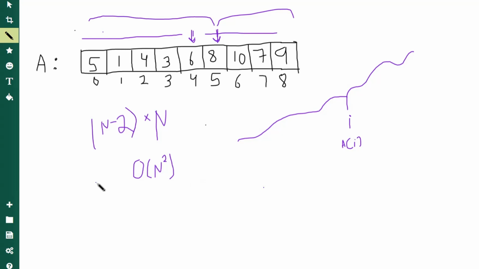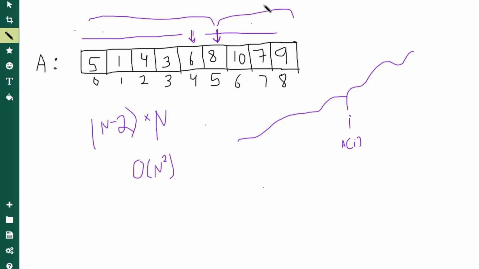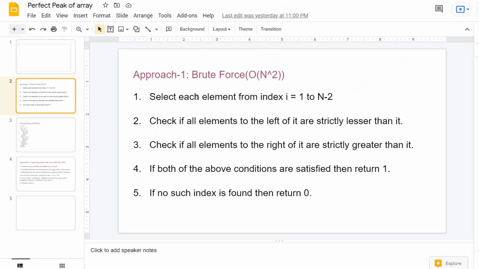So how can we improve the solution? First of all, before thinking of the optimized solution, let's see the algorithm for this approach. This is called the brute force algorithm. Select each element from index 1 to n minus 2.